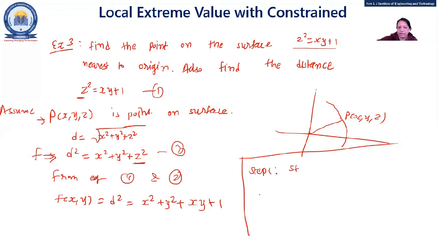Step 2: again, you will find r, s, t. And step 3, you will make a conclusion, either it is max or min. Okay, any doubt in this? Just write down into the chat box. Any doubt?